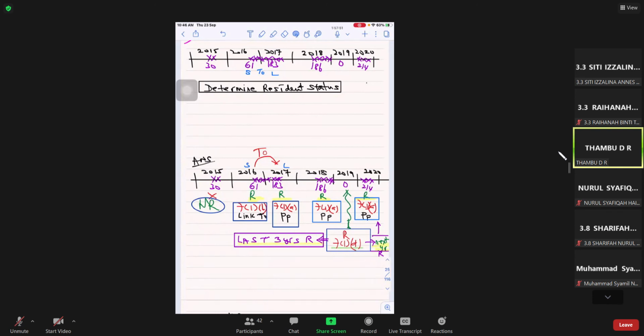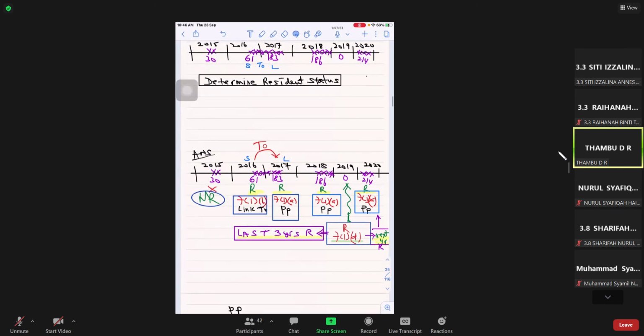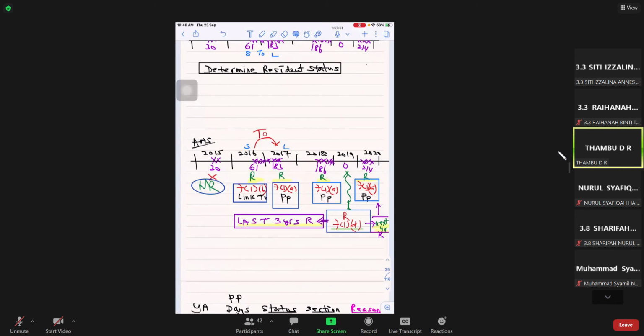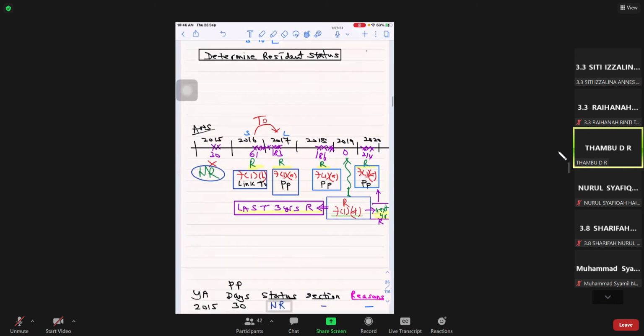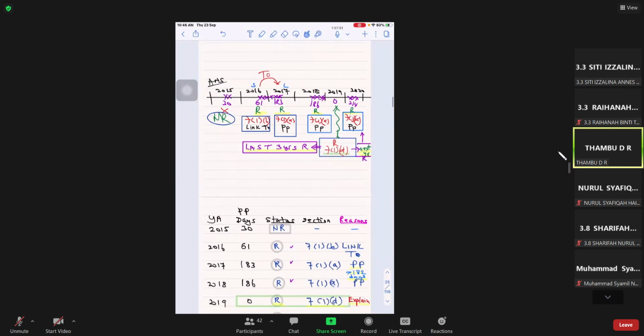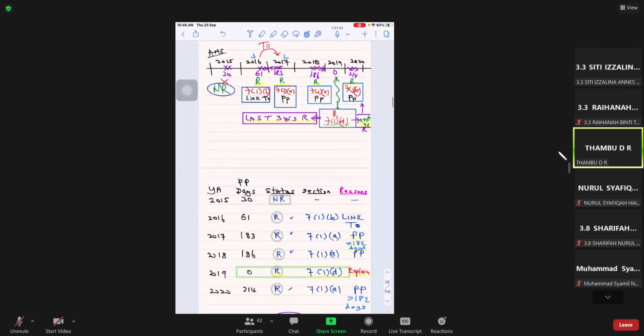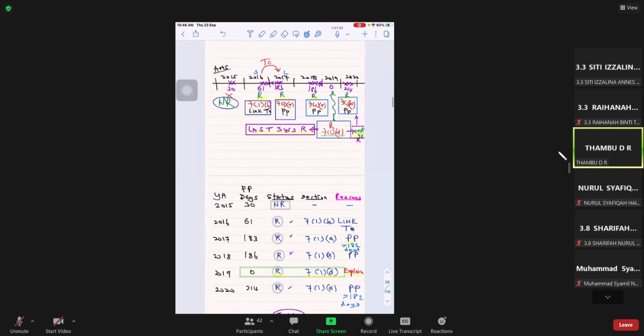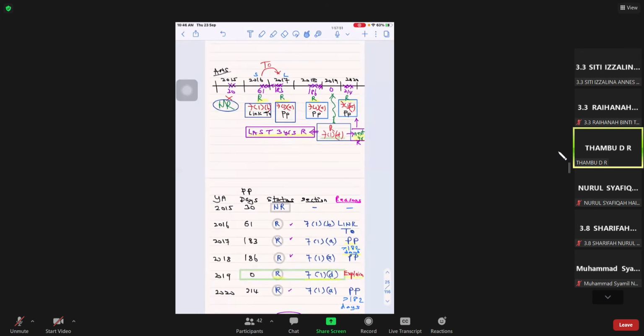Next year you are resident. That's why you'll be a resident here. Okay, ini dia punya jawapan. Tengok apa masalah you ada. Tengok ada masalah ke ataupun tak ada. Tengok. Tak ada. Faham. Boleh ya?